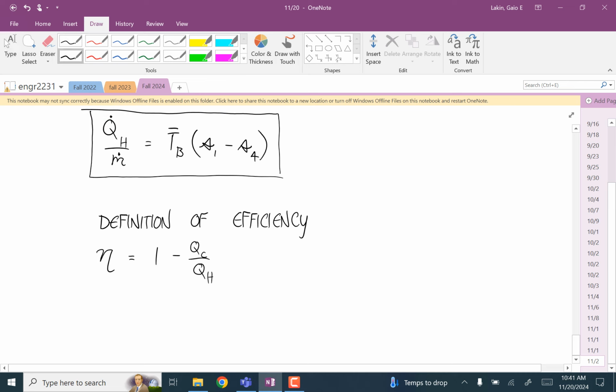We can write this as 1 minus QC dot over QH dot because it's steady state.